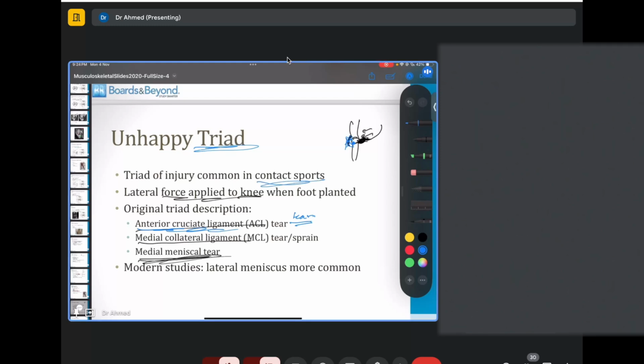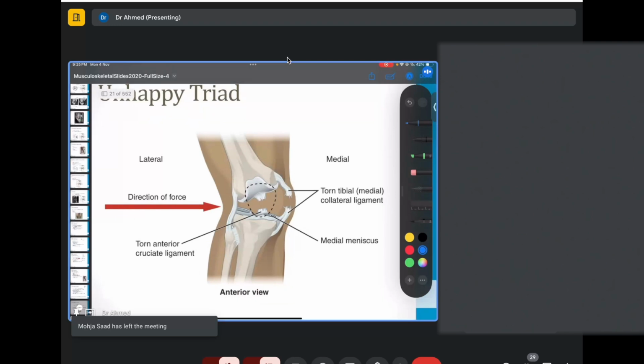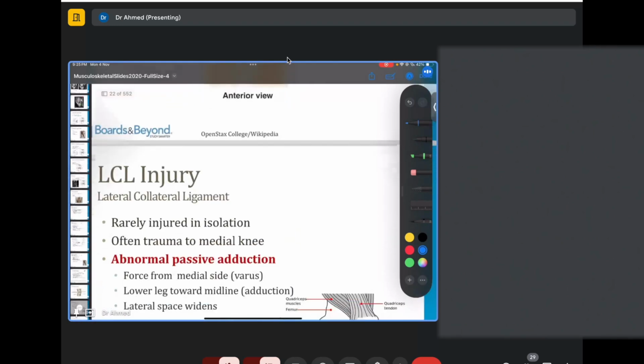Hitting from the lateral side, you are going to see impact on your medial side. The most common are the anterior cruciate ligament and medial meniscal tear. Here you can see this is force directed from the lateral side. You can see damage to the anterior cruciate ligament, your medial collateral ligament, and your medial meniscus.